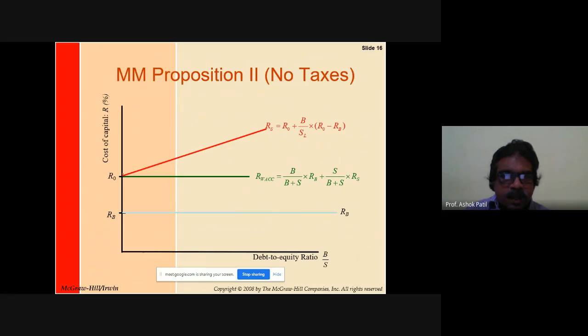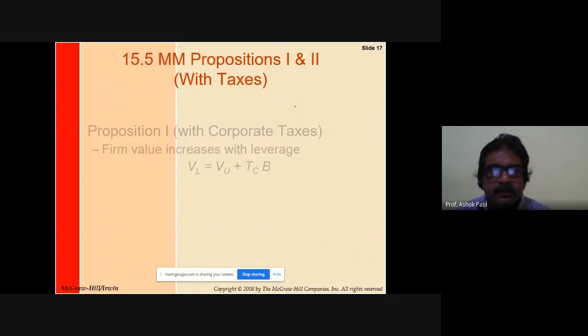This is your R0, the base cost. And then we are saying that the cost of equity increases as the debt increases in the companies. And this we saw with no taxes. So value of levered firm is equal to value of unlevered firm when there are no taxes. But we are not talking about the no taxes part.